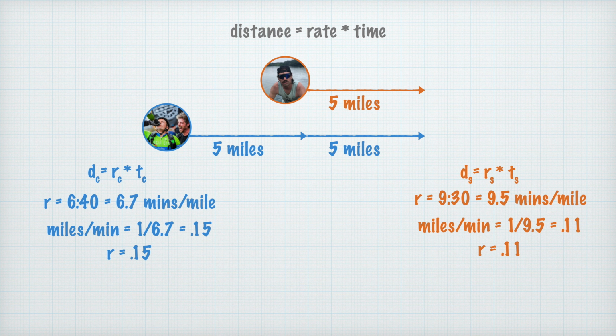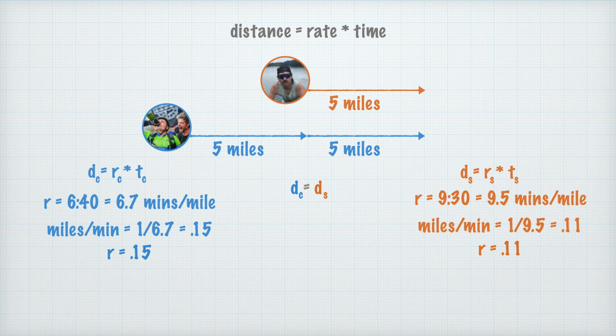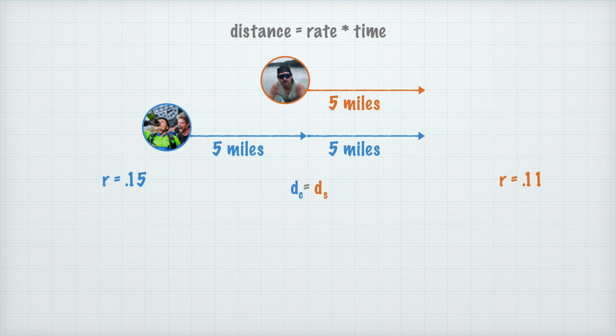Now, because they're running the same distance for that second half, both 5 miles, we know our distances are equal. So what we're going to do is solve for time. At what point is Cody going to catch Shane? So now we just simply plug that in. Time is going to be distance divided by rate.